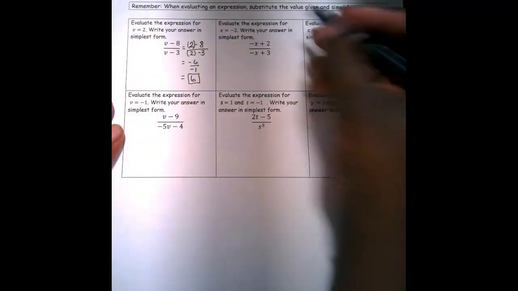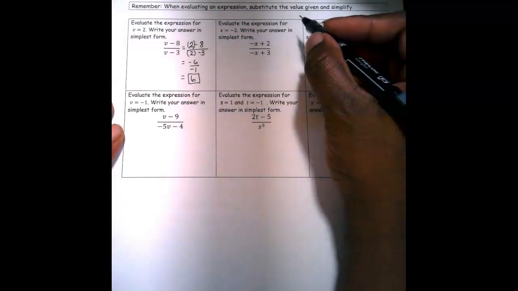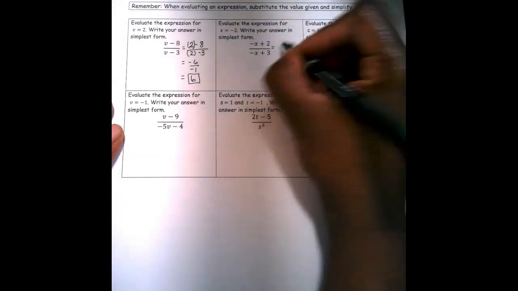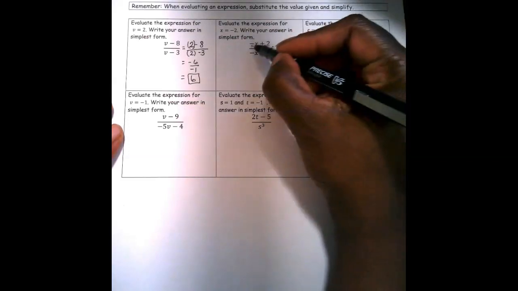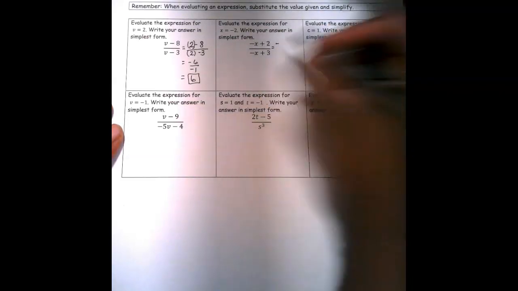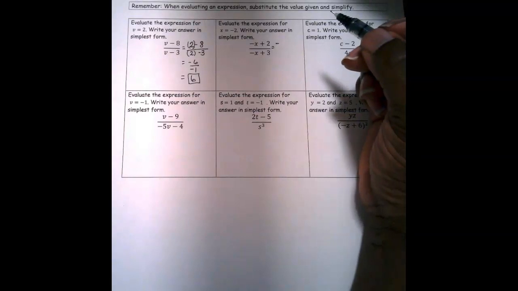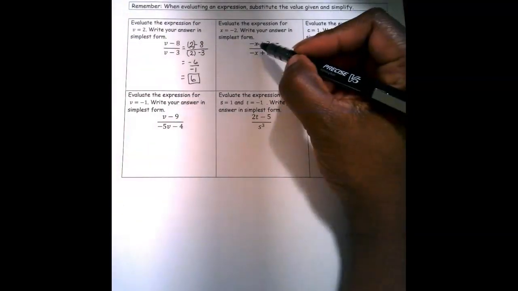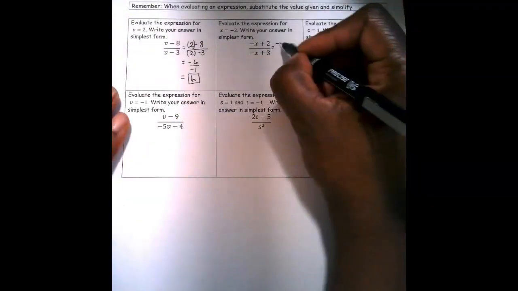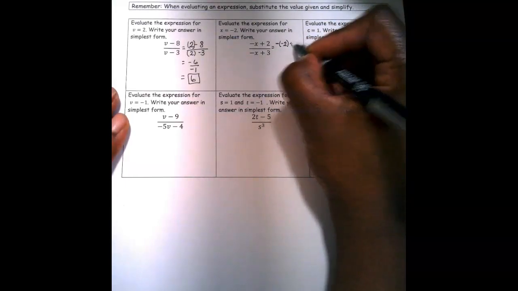Next, we have evaluate the expression for x is equal to negative 2. And we're also going to write this in simplest form. So this negative that we have here is part of the expression, but we're asked to put in for x negative 2. So I'm going to put negative 2 inside the parentheses plus 2.